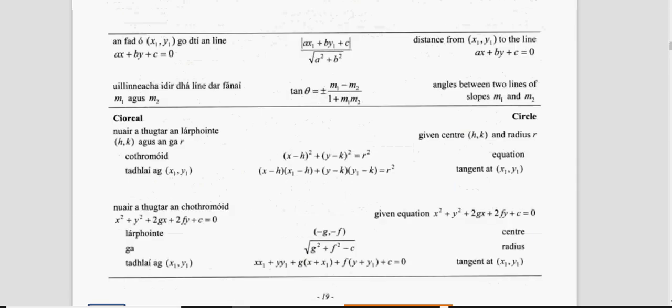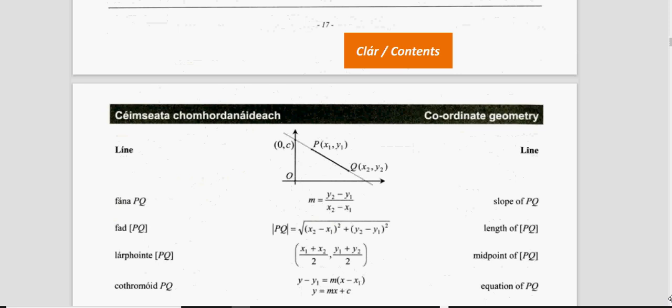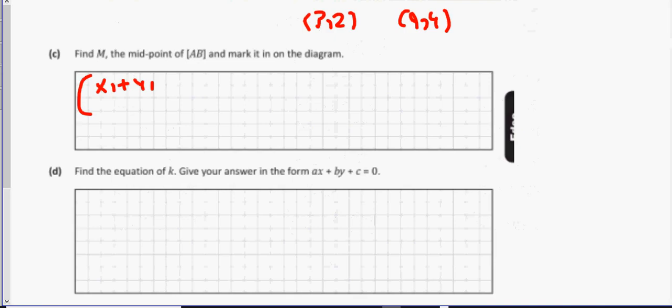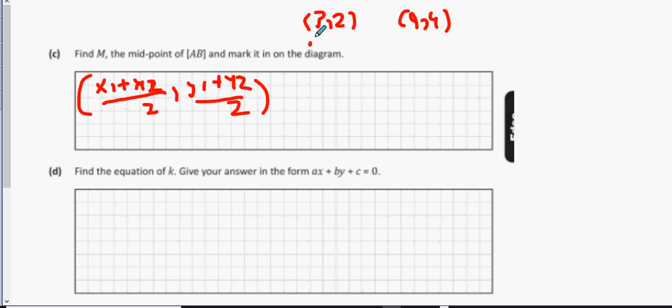There are all the formulas you could possibly need for this section. The midpoint formula is (x1 plus x2) over 2, (y1 plus y2) over 2. Add them together and I get 12 over 2 and 6 over 2. Who got the point 6, 3?